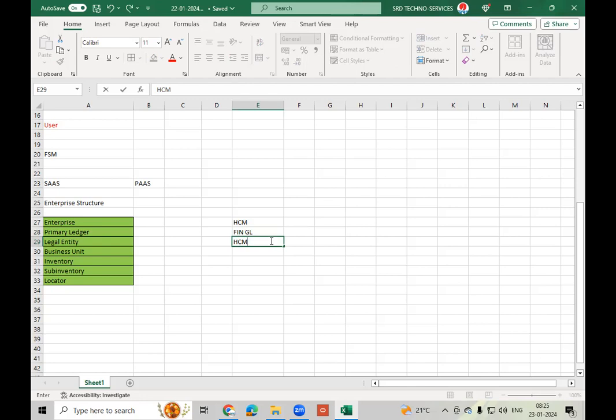As we discussed, there are many reasons why I will define many legal entities. But one legal entity is mandatory. And business unit also, that depends. So, who will define this? Mostly, this will be defined by a financial consultant or SCM consultant.